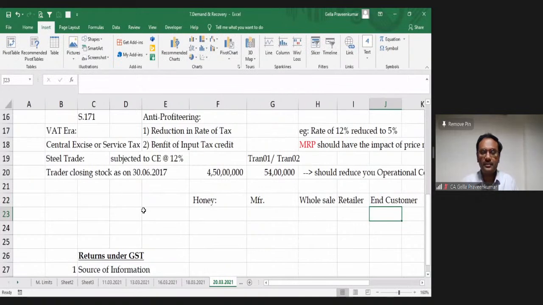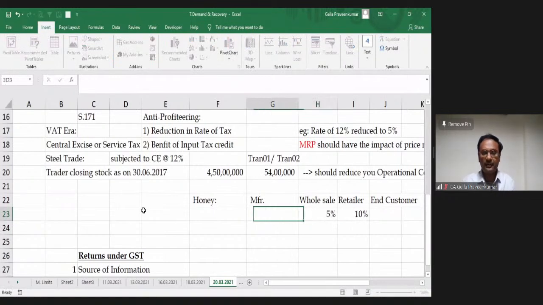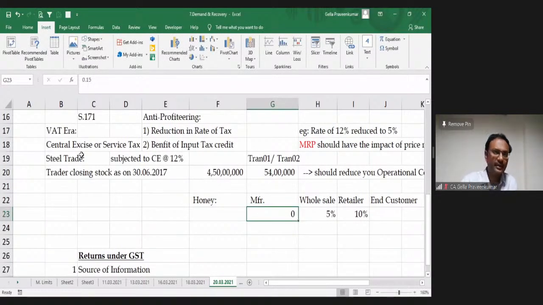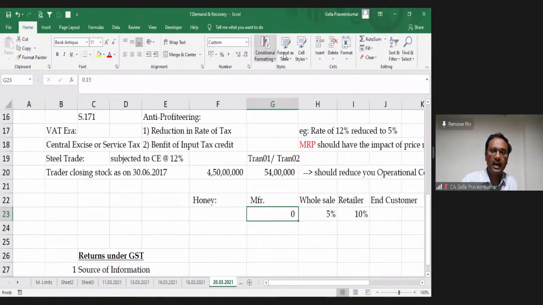Now, the retailer wants to have, say, 10% profit. The wholesaler wants to have 5% profit. The manufacturer wants to have 15% profit. This is a markup they keep in their process.